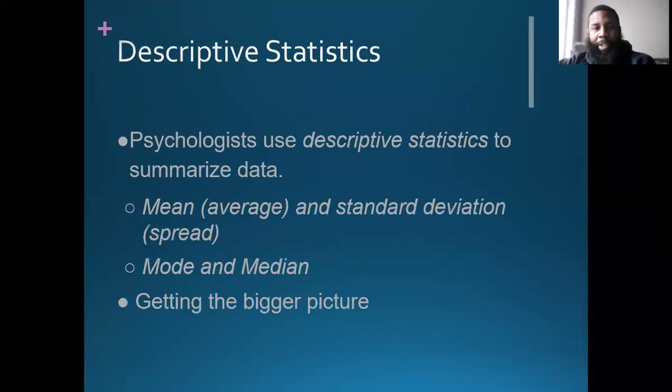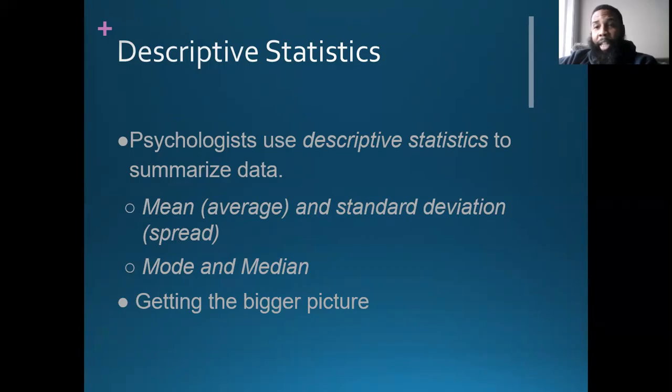Okay. So there are different types of statistics that as psychologists we will use in order to assess, understand, and analyze our research findings, right? So psychologists will use descriptive statistics to summarize the data, okay? So that's the mean and standard deviation.